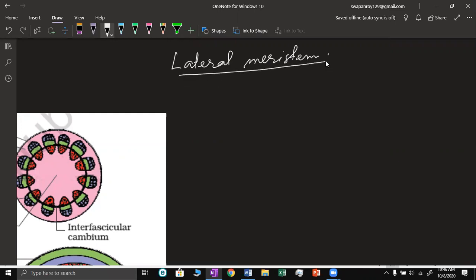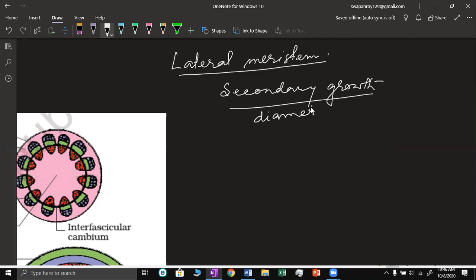And due to this presence of lateral meristem, there is secondary growth, and in this there is increase in the diameter of organs, the diameter of a stem, a root, or other organs takes place.